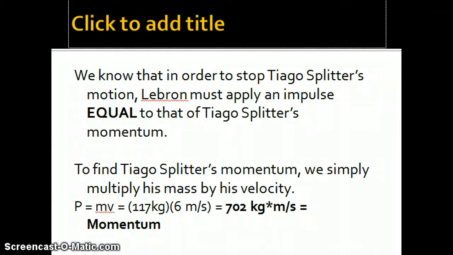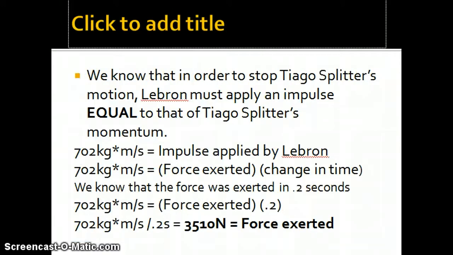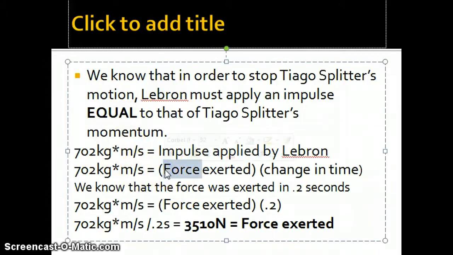Now that we have his momentum, we can set that equal to the impulse, the outside force that LeBron must apply in order to stop Thiago Splitter. As I said before, impulse is the force exerted times the change in time, or the time that the force is exerted. Looking back at the problem, the time was 0.2 seconds.